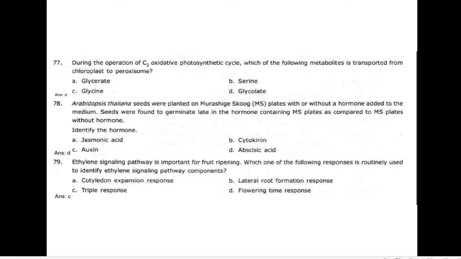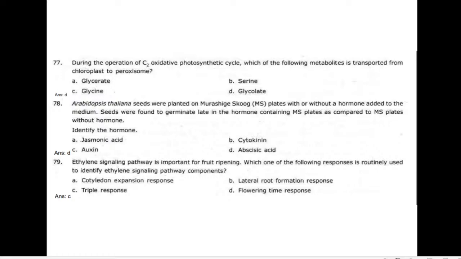Gibberellic acid is helpful for higher seed germination, and abscisic acid lowers it, so the plate with the hormone takes a long time. In the plate without the hormone, germination is not affected and seeds germinate normally.